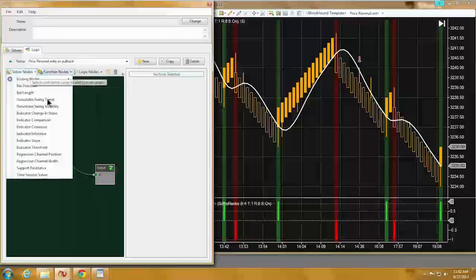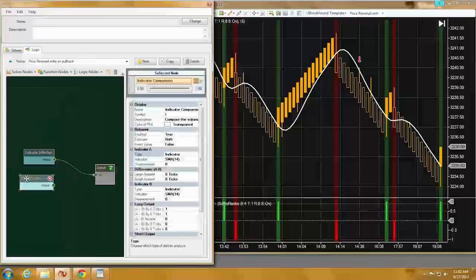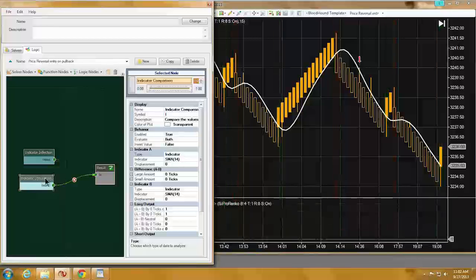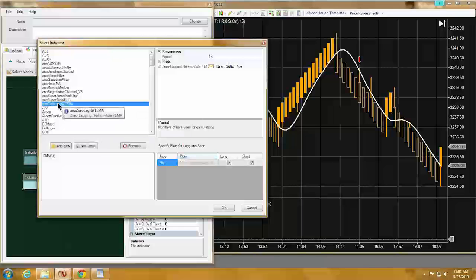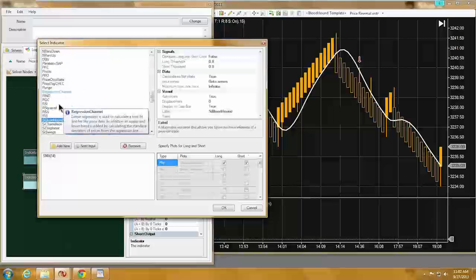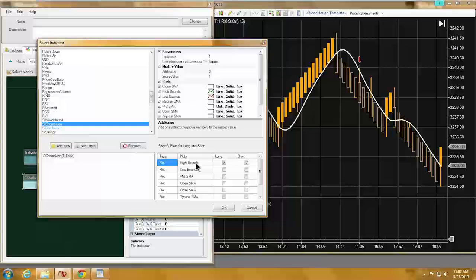So we're going to be using a comparison solver, comparing the high and low price to the moving average. So I'm going to plug this in and get this working first. So let's switch this over. Indicator A is going to be our high and low price, so I'll drop this down to chameleon. And just to get this straight, we're going to be using the high price here to generate short signals, right?